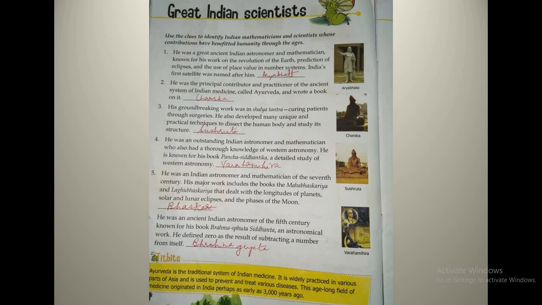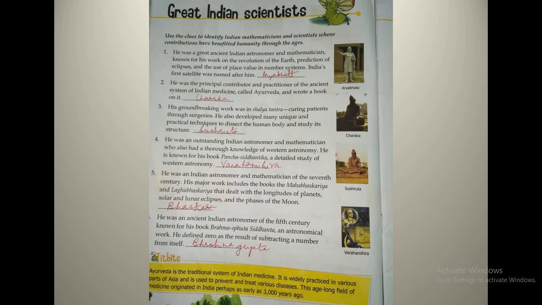Prediction of eclipses, how eclipses occur. I have already explained to you in the previous class how lunar and solar eclipses occur in the very first chapter, Mysterious Space. And the use of place value in the number system, which you are studying in your mathematics.